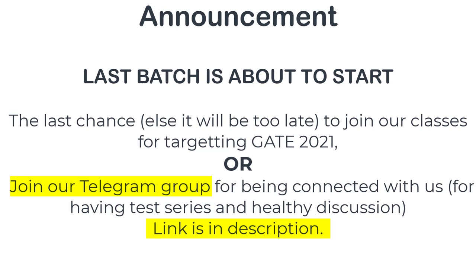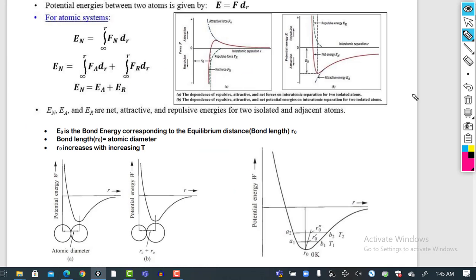Now let me jump to the concept. To understand the bonding between two atoms and the force acting between them, suppose two atoms are kept at infinite distance and are brought closer to each other.